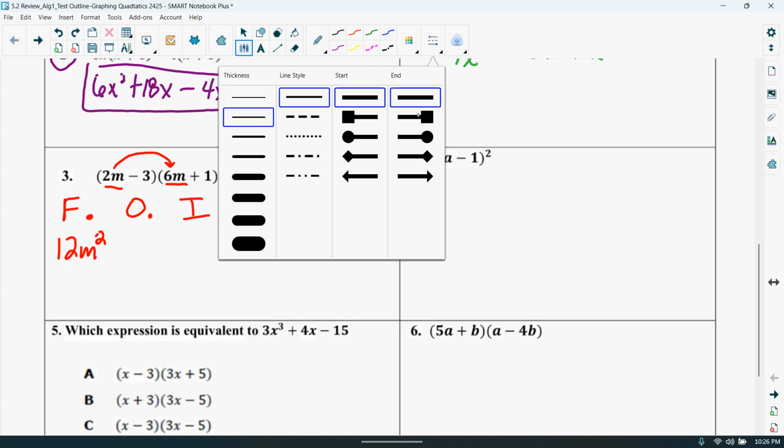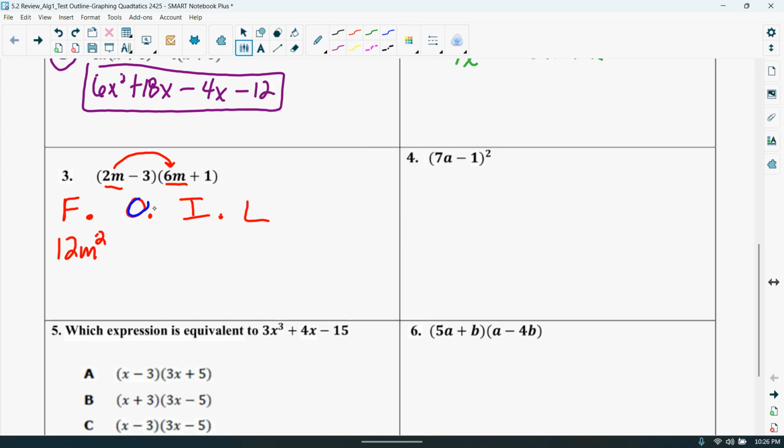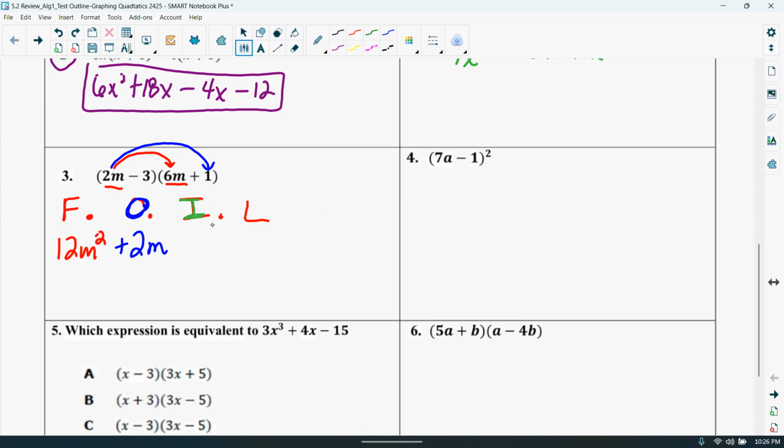Then when we get to the O, I'm just going to change the color a little bit here. O is the outer terms, okay? So this is the 2m to the 1. So that's going to be plus 2m, because that would be positive. Then we do our inner terms. The inner terms, the I's for the inner terms, that's the 2 inside here.